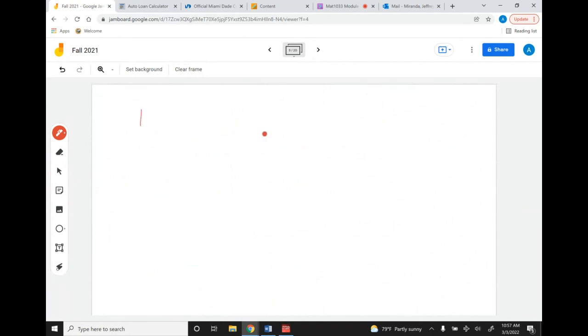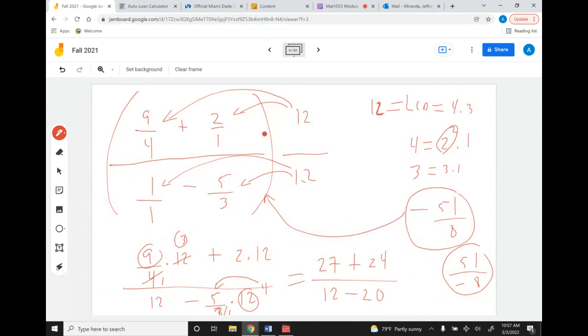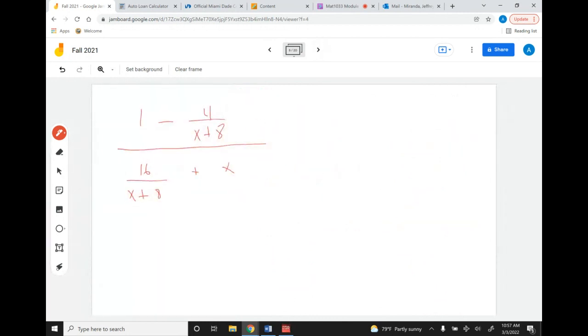Let's do this one. 1 minus 4 over x plus 8 over 16 over x plus 8 plus x. So similar to the previous one, the difference now is that we're using variables. So what is the LCD?